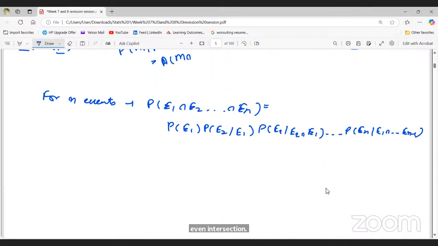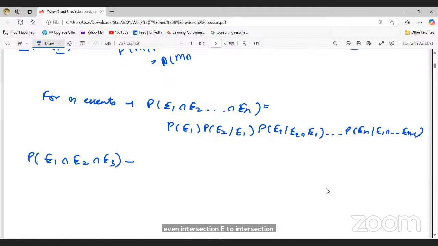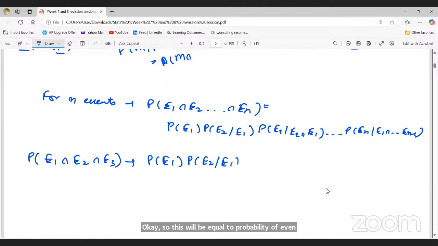This is the formula. If I have three events, E1 intersection E2 intersection E3, this will be equal to probability of E1 into probability of E2 given E1 into probability of E3 given E2 intersection E1.